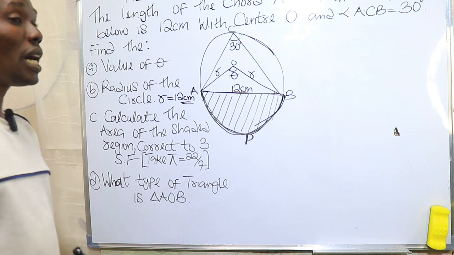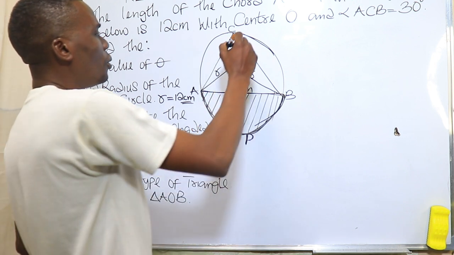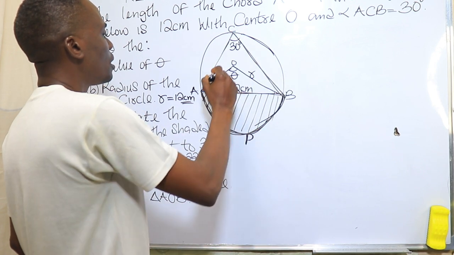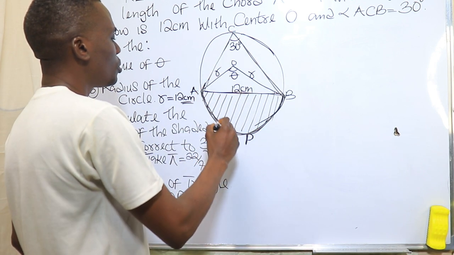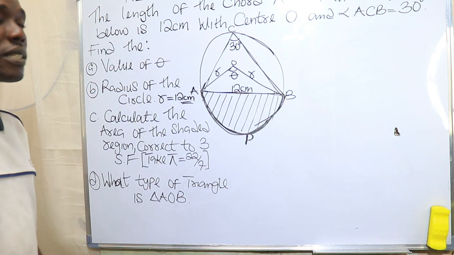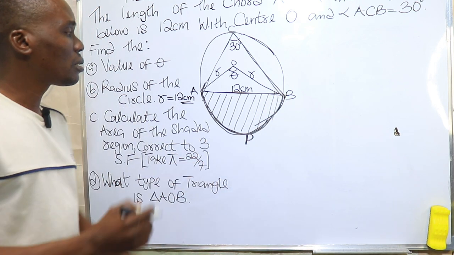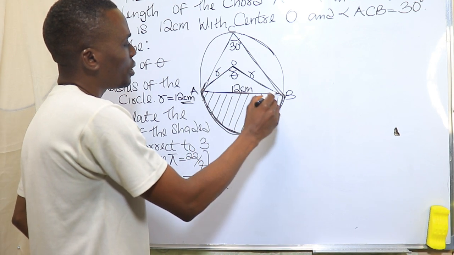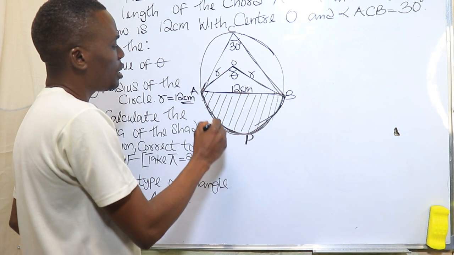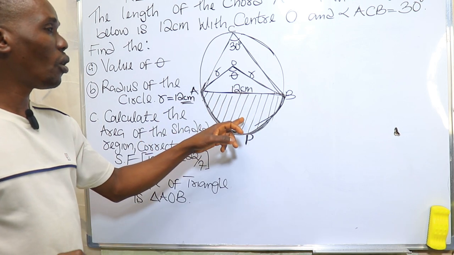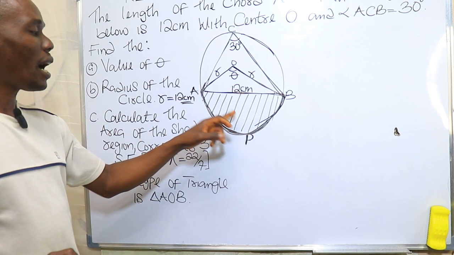Now remember that this whole region from here to this point, to this point, is more of a sector, because we have 2 radii plus the arc.